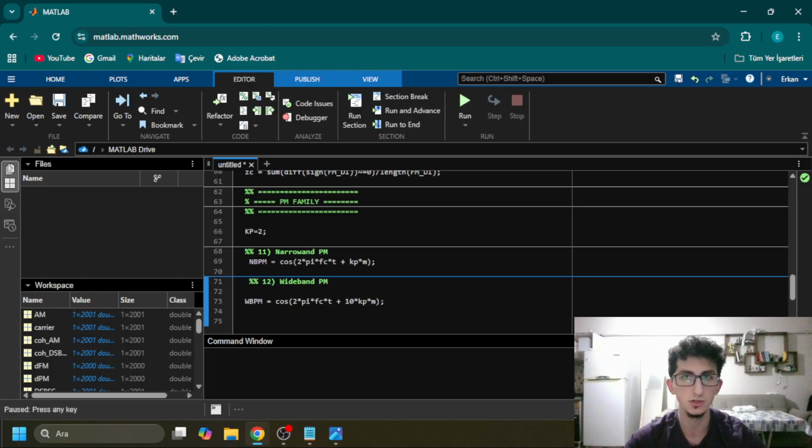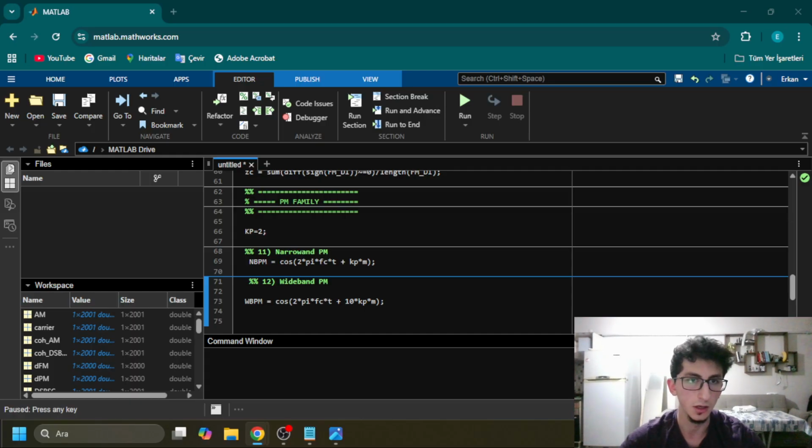The next step is gonna be direct phase modulation, where the message signal is directly added as a phase shift to the carrier. This is the most straightforward implementation of PM.